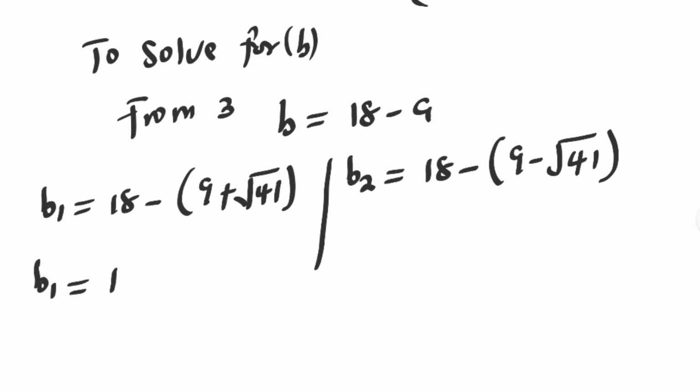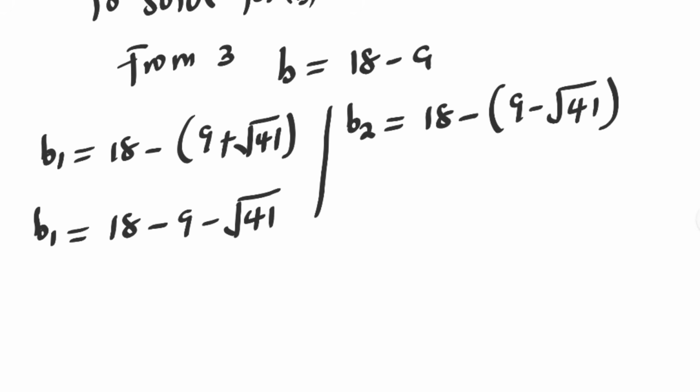B1 is equal to 18 minus 9 minus square root of 41. B1 is equal to 18 minus 9, this is 9 minus square root of 41.